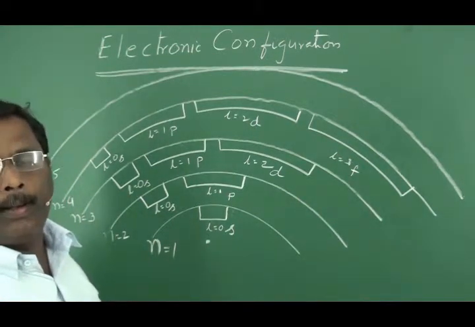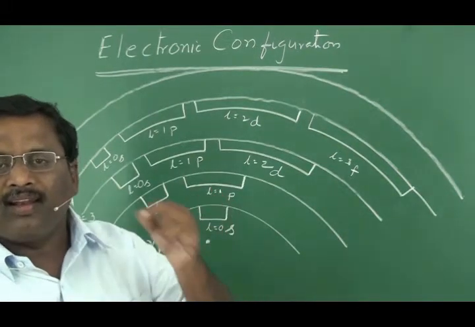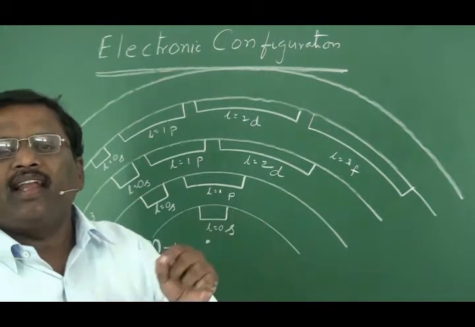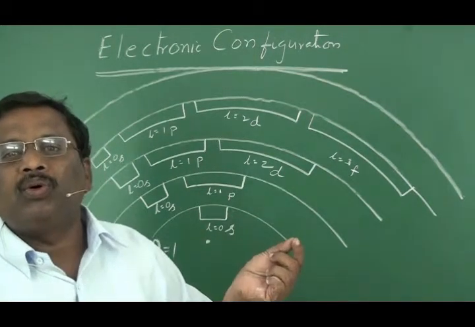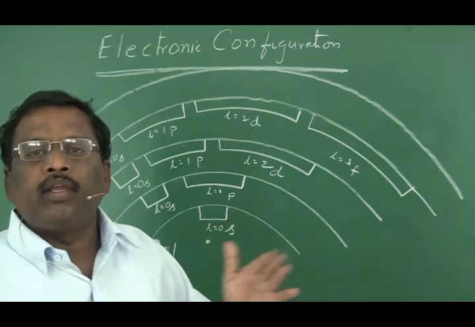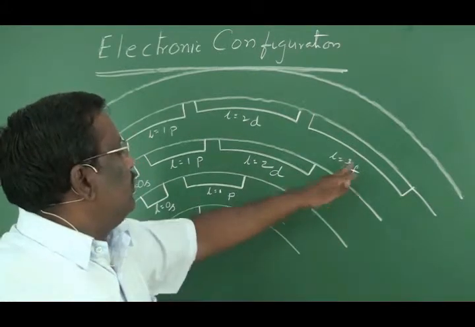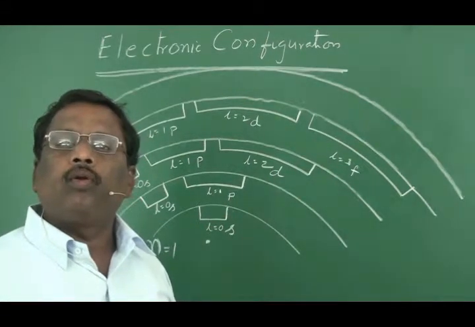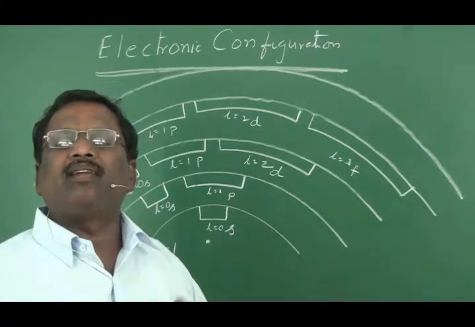Remember, the l value must be at most n minus 1. That means in the second energy level, you will not have l equal to 2. In the third energy level, you will not have l equal to 3. In the fourth energy level, you will not find l equal to 4, because the maximum l value is n minus 1.